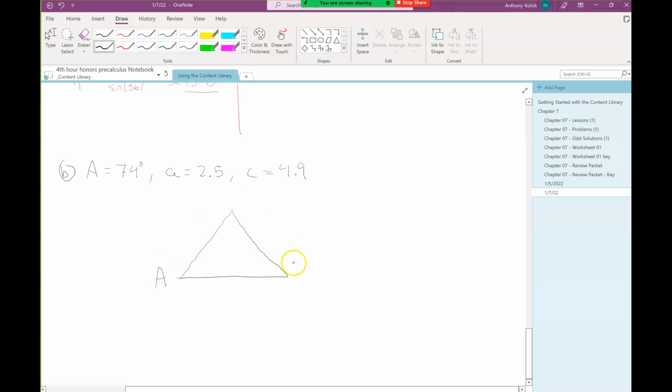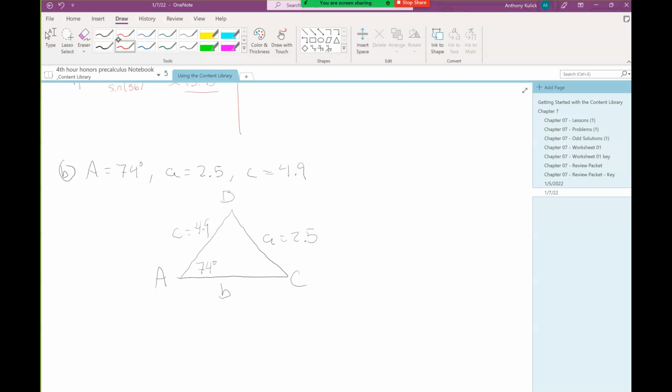So obviously I have angles A and C. I'm going to name the other one B because the alphabet. So there's my picture. Everybody cool?